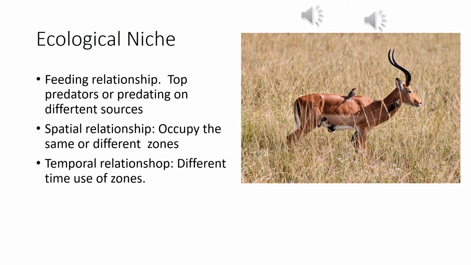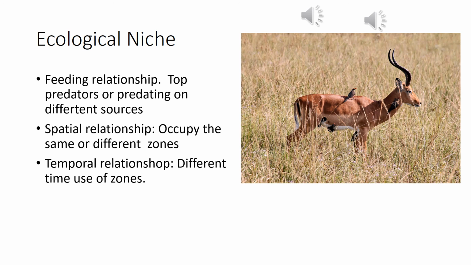And we define these things both on feeding relationship, who's eating who, on the spatial relationship, do they occupy the same zone or a different zone? For example, different mussels will grow at different heights of a rocky coast. And also on the temporal relationships, are they here at the same time? Some species are active at night and other species are active during the day.